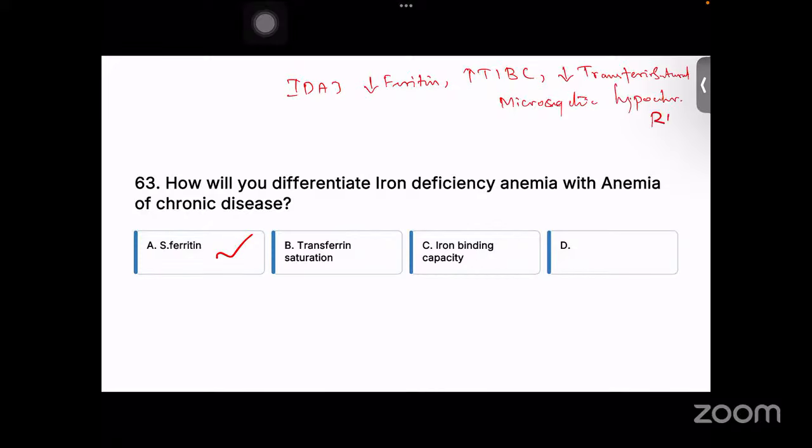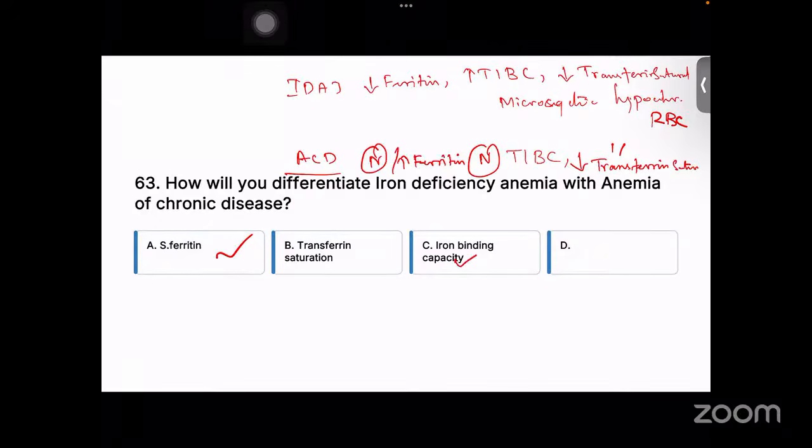You will have the same microcytic hypochromic RBCs in anemia of chronic disease also, but you will see a low or normal TIBC, low transferrin saturation, and normal to high ferritin. So comparing TIBC and transferrin saturation as options, while contrasting both, I rather go for serum ferritin. Okay, it's a pretty straight question.